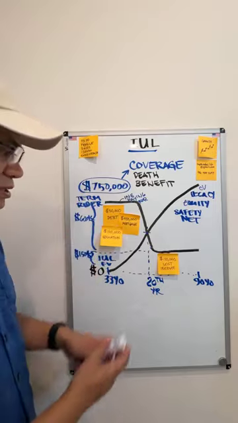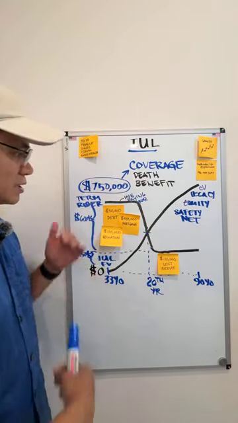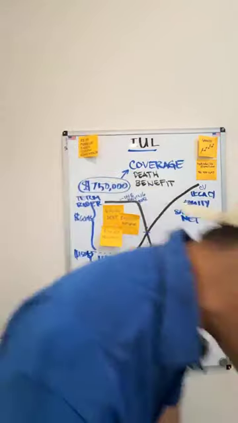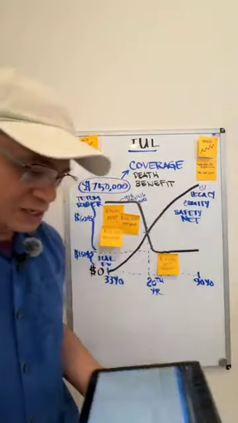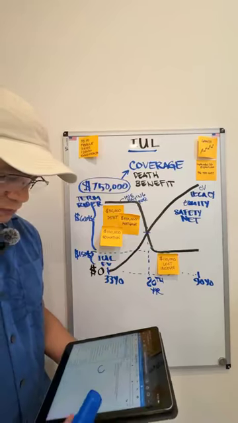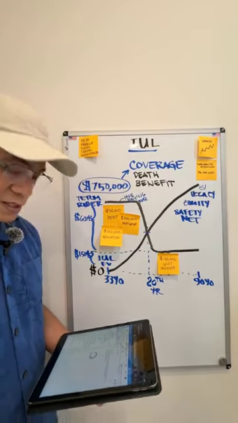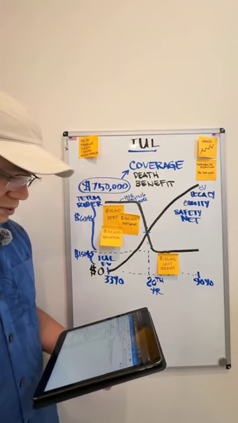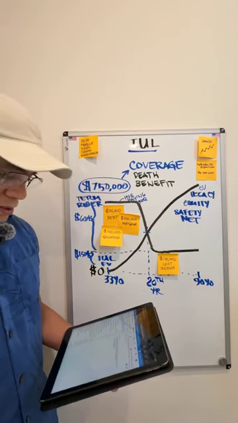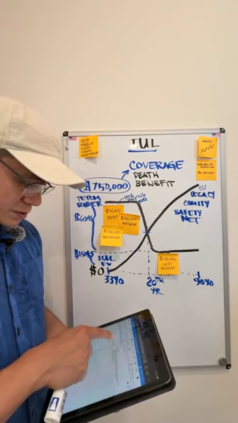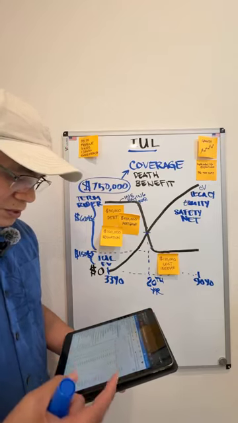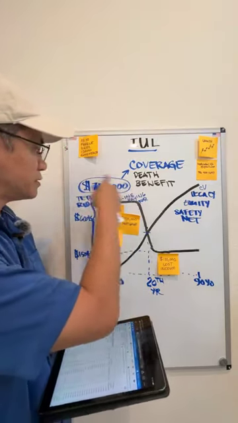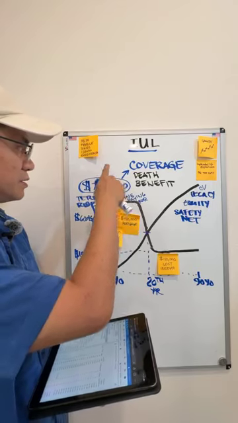Right, so let's put this into action. Let's design a policy based on this structure, this design. And let's look at the numbers. Let's look at the sample of the numbers, right? So to begin with, we keep the $750,000.